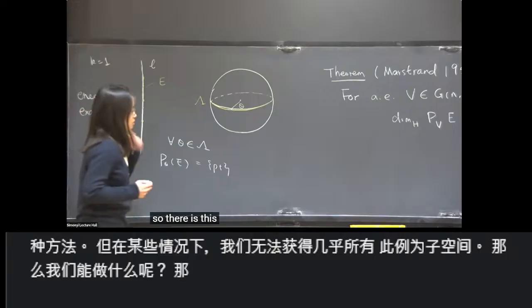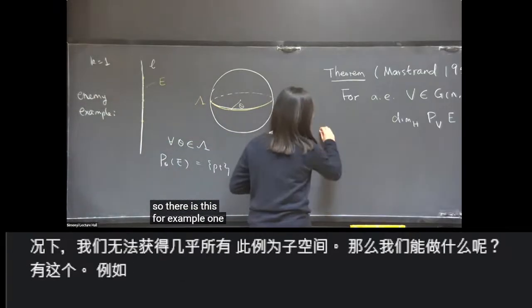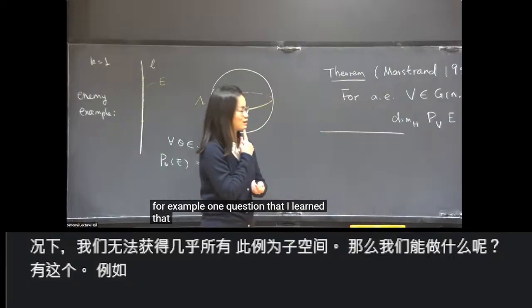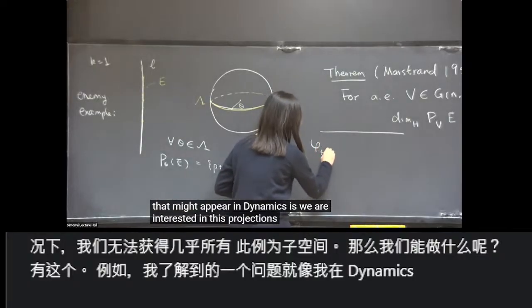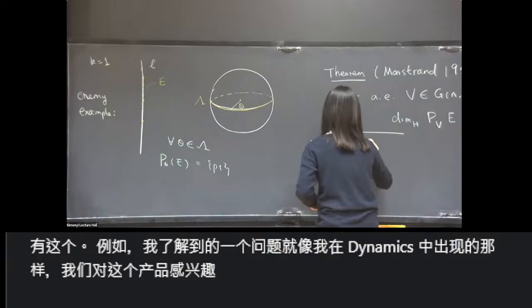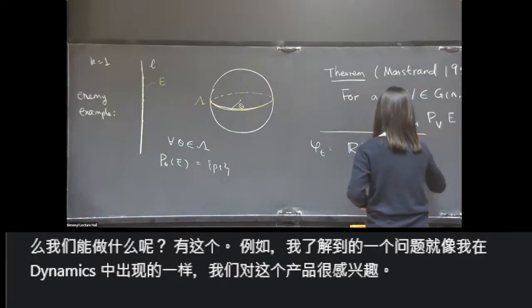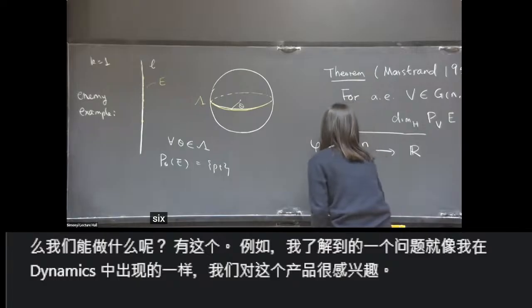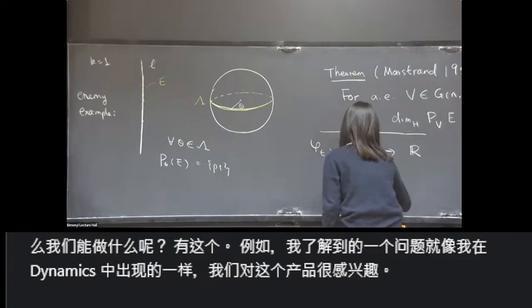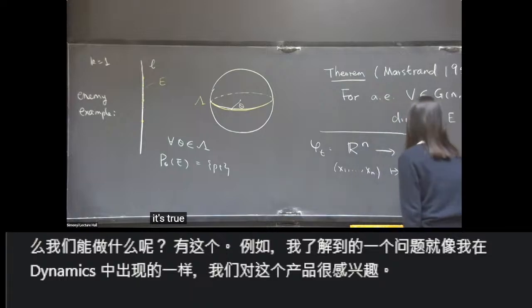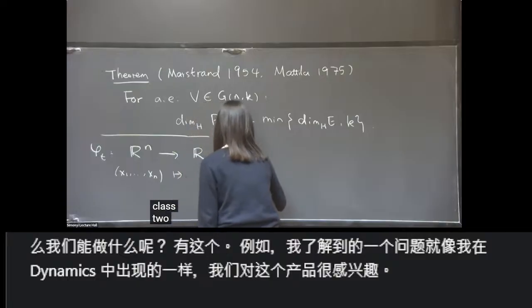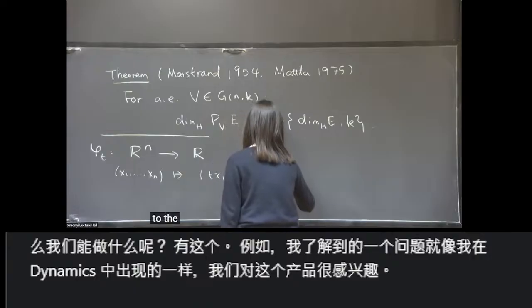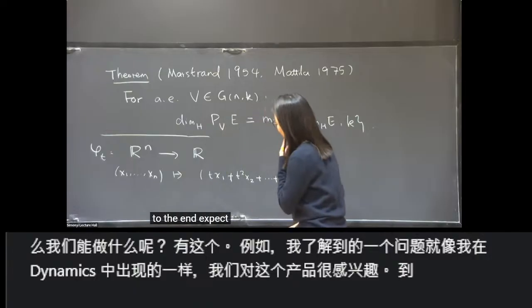One question that I learned that might appear in dynamics is that we are interested in this kind of projection: x1 plus b x2 plus b squared x3 and so on, up to b to the n minus 1 times xn.